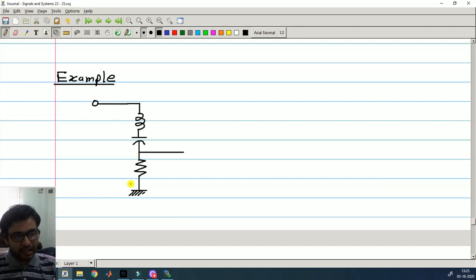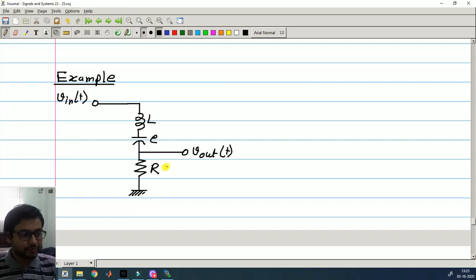So this is a series LCR circuit. Here the input voltage V in(t) is applied, and from here we get the output voltage V out(t). Our task is to find the transfer function and plot the frequency response.